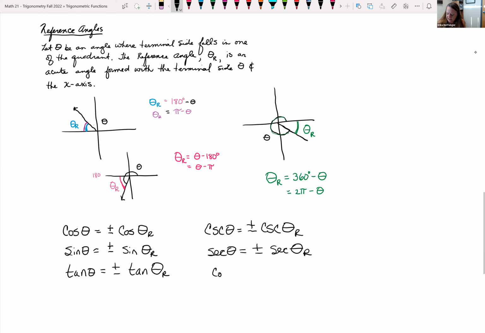And cotangent theta is equal to plus or minus cotangent of our reference angle, theta sub r. So that's where it's really important to figure out what sign our trigonometric function has in that quadrant. And then we're going to be using these reference angles to help us evaluate the trigonometric functions at an acute angle.